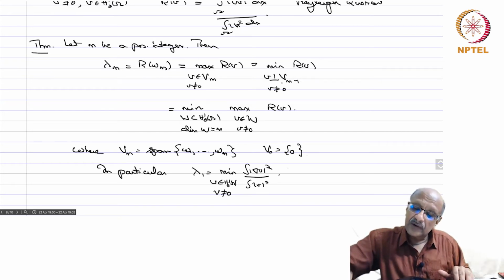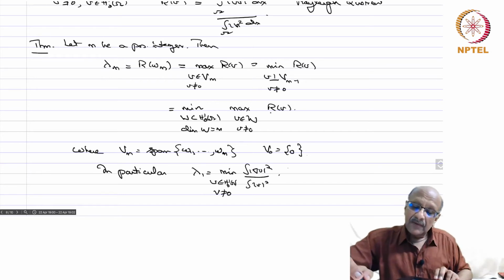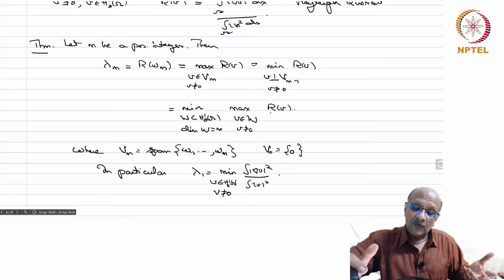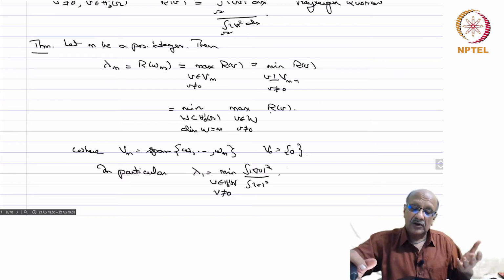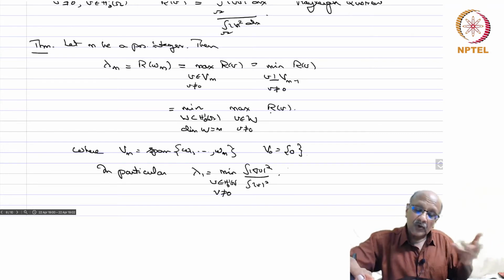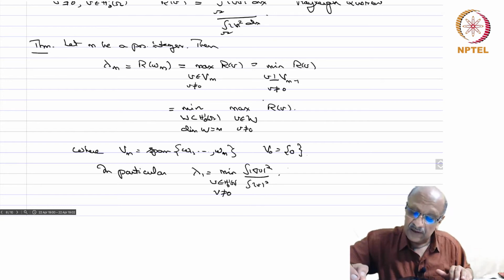The last one is called an intrinsic characterization, this min max. The first three depend on the eigenvectors which you have chosen, because the choice of an orthonormal basis of eigenvectors can be different. There is nothing standard about them, because you can choose wm or minus wm, whatever you like. But the last one is frame independent, it does not depend on the choice of the eigenfunctions.